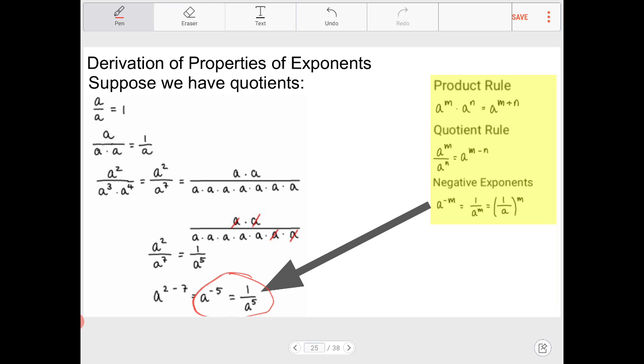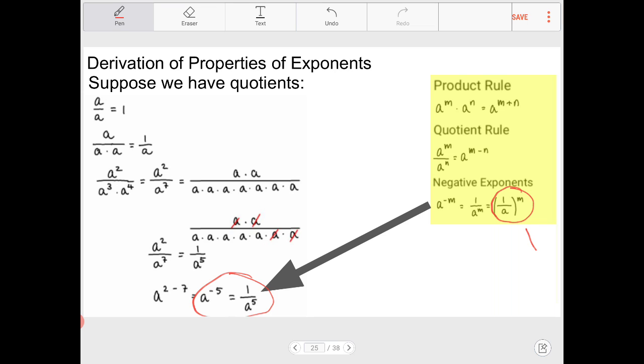So this needs to be pointed out, that a negative exponent is in fact the reciprocal of that base raised to a positive exponent. And there are 2 ways of expressing this. We can express this as a to the negative m is equivalent to 1 over a to the m.